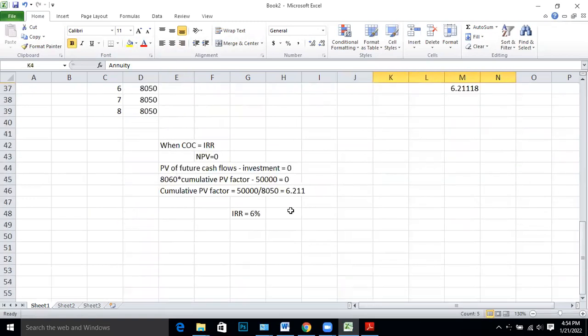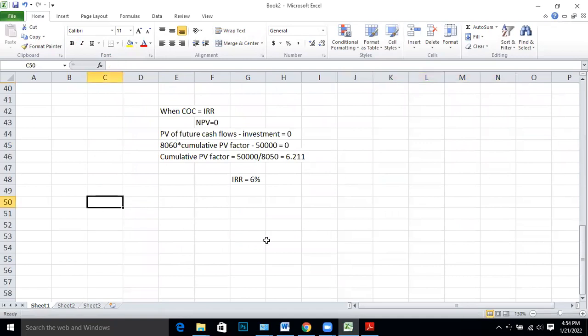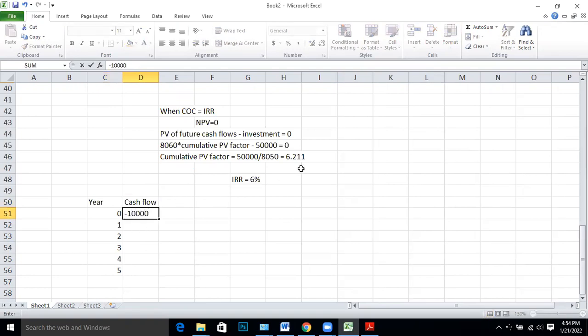There is another case, look at this one. Year 0, and then forever. Like every year, year 1, 2, 3, 4, 5, likewise it continues. Let's say you invested 10,000.